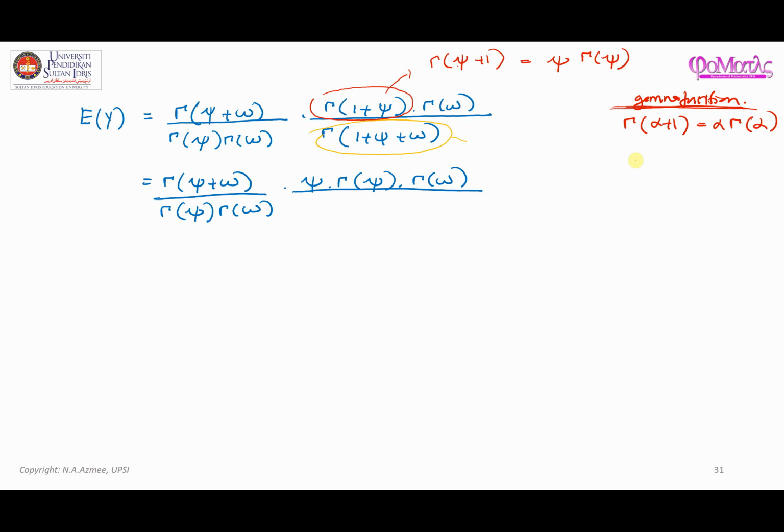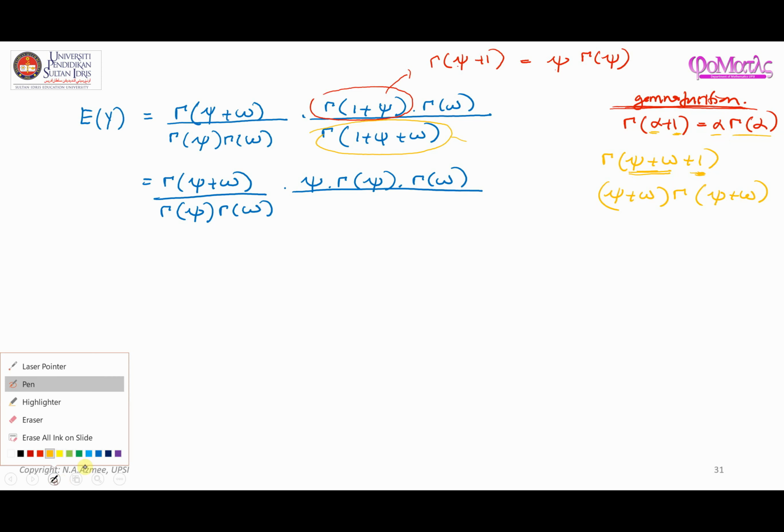So this one here is the same thing as psi plus omega plus 1. So it will look like something plus 1. So alpha plus 1, the result is alpha gamma alpha. So if you have something plus 1, the result is going to be something gamma something. Yeah, so that's the idea.